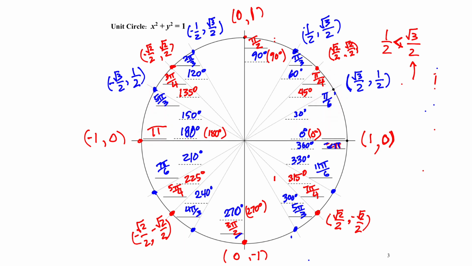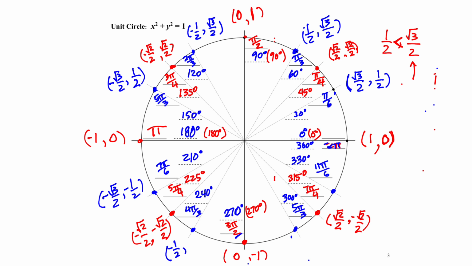In the third quadrant, everything's negative, so we have negative root 3 over 2 and negative 1/2. And down here at what would be equivalent to the 60, we have the x being negative 1/2.